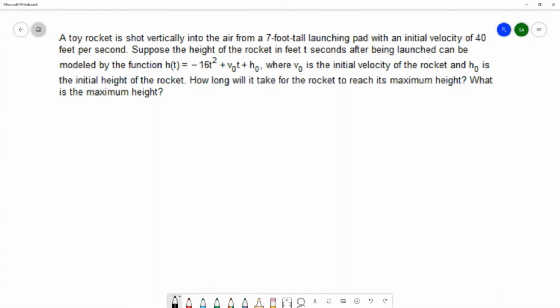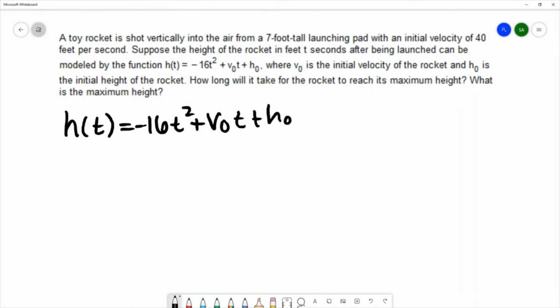So we have this function, h of t equals negative 16t squared plus v naught t plus h naught. V naught is the initial velocity, and it's given here that the initial velocity is 40 meters per second. So we can substitute in 40 for v naught.